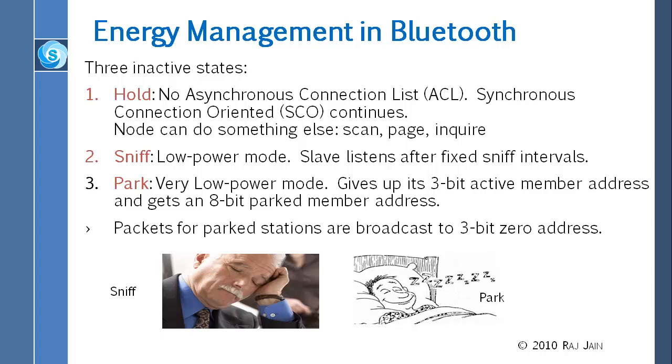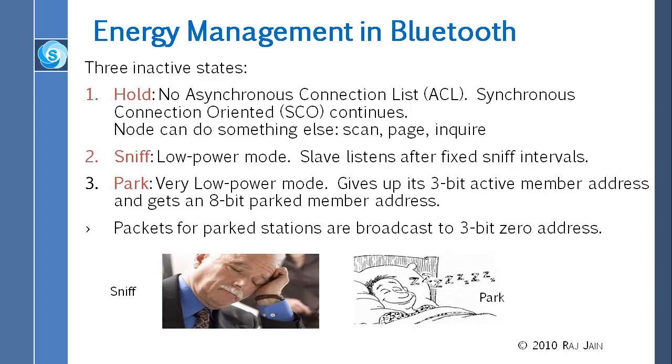Whenever node number 15 wakes up, they will hear that broadcast, and then they will change their state from park to active. And that will take 2 milliseconds, as we said before.